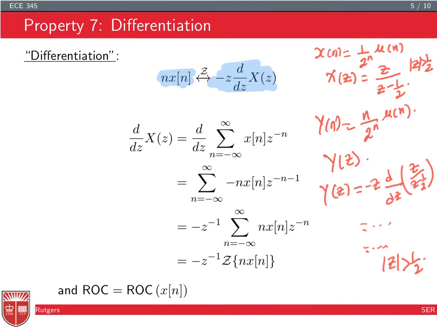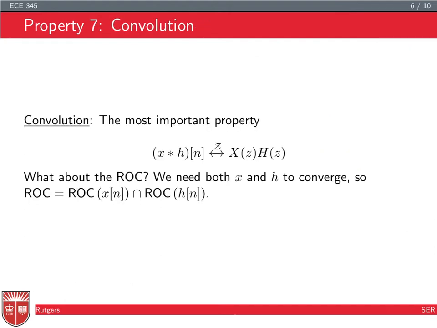Okay, so this is a formula that can be very useful if you can spot that the signal that you're trying to find is n times something you already know. And the last property we're going to talk about is actually property 8, I think. So there's a typo. I'll fix it in the slides. It's maybe the most important property, which you've seen before and probably in the Laplace lectures, and you're going to see a lot in different courses, which is convolution.